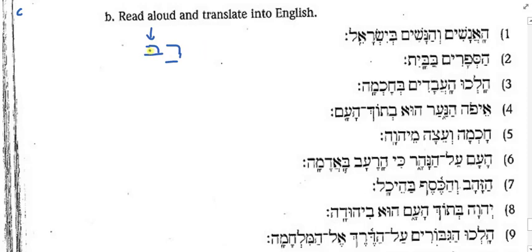Just look at the bet. So if I want to make this plural, can I drop a Dagesh in the bet? Is that okay? Yes, because bet's not a guttural, right? So that's good. So this means much or many.